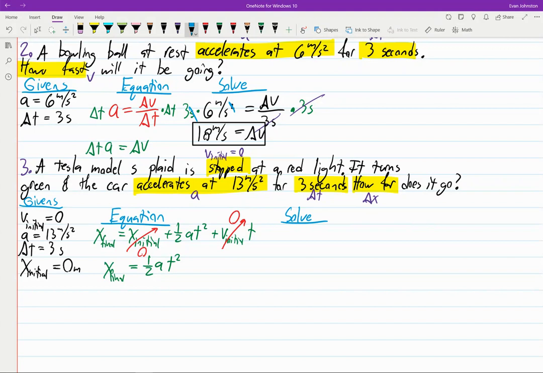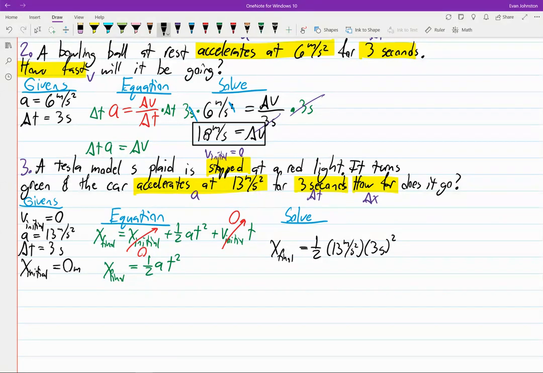Solve. X final equals 1/2 times 13 meters per second squared times the time squared, so 3 seconds squared. You're going to have to bust out a calculator for this one, because it's some hard mental math.